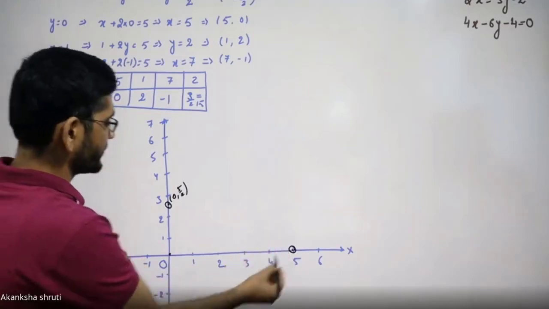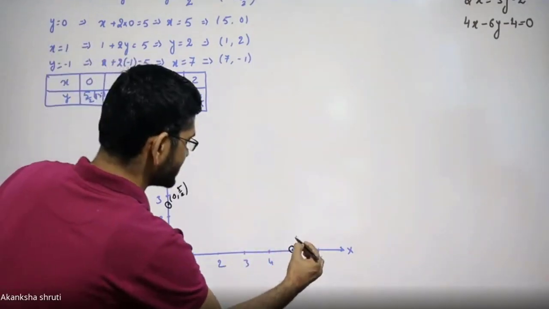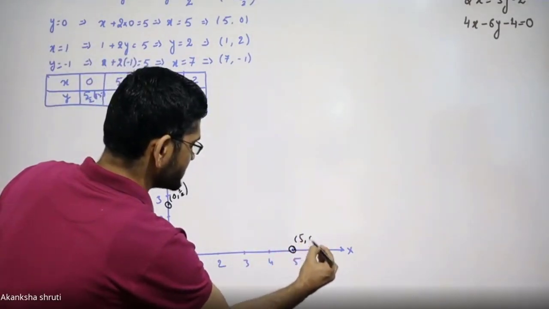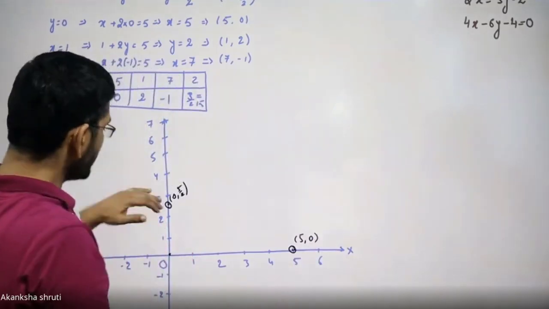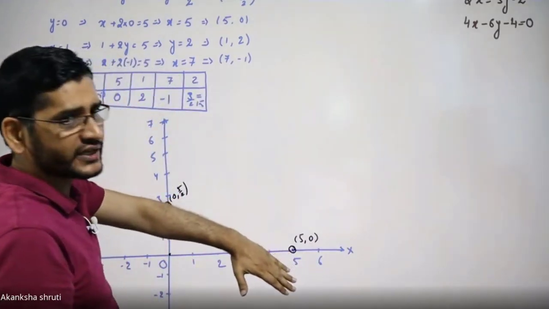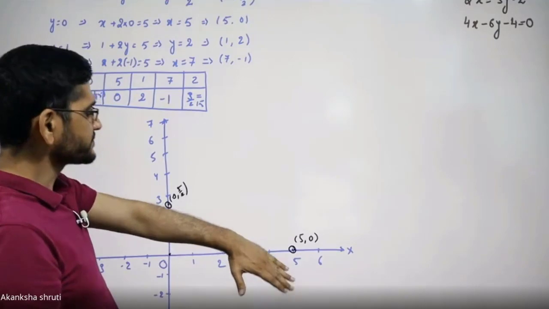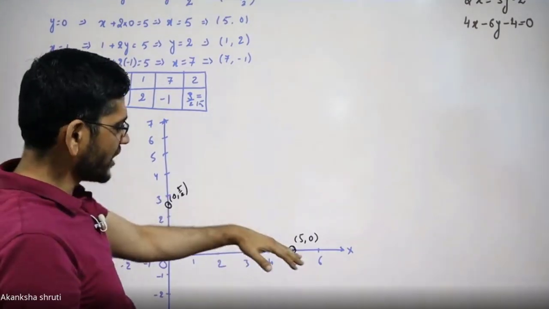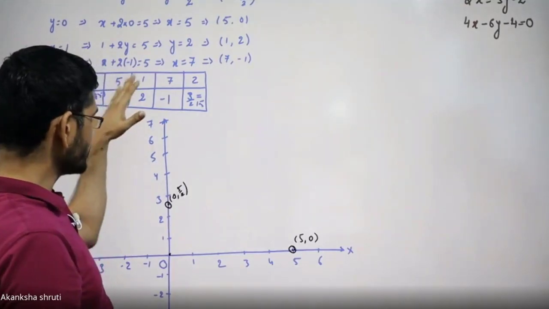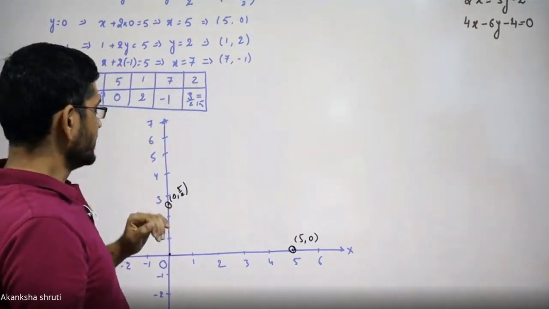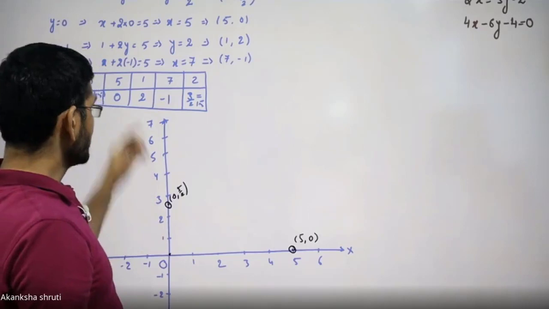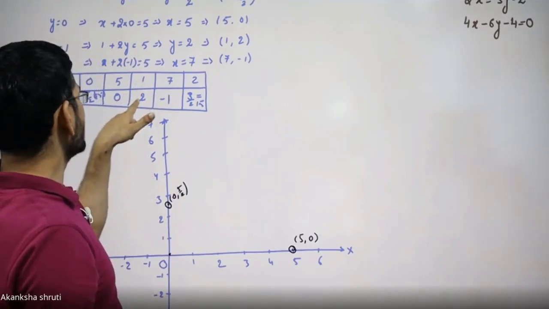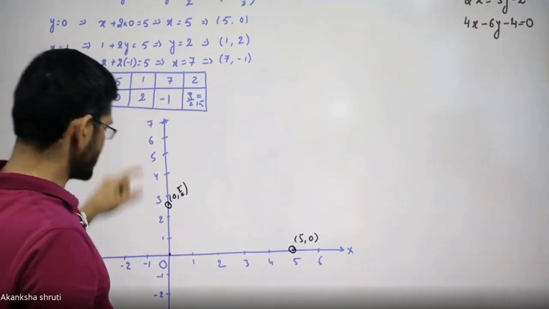Like this one. So mark this point as 5, 0. Though these 2 points are enough to draw the graph, to indicate how the variation or how the solution is, we have to verify with the others. Students, let us plot x is equal to 1 and y is equal to 2.